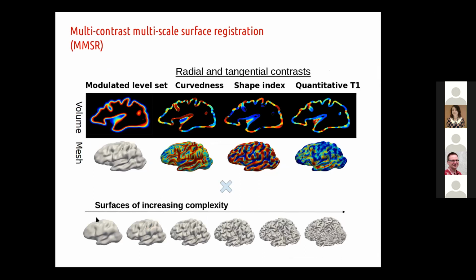In order to do that, you need to combine a few different things, and that also is a theme that comes back a lot, that you don't just use one source of information, you combine things like the level set representation of your surfaces, functions of the geometry like curvedness and shape index, and then the T1 values.